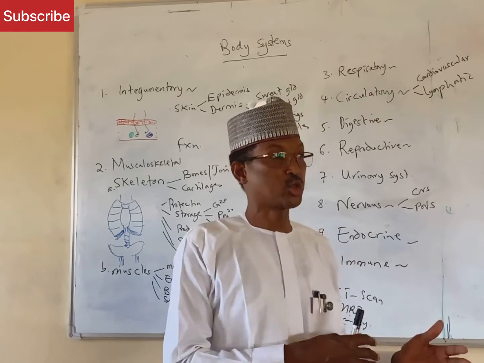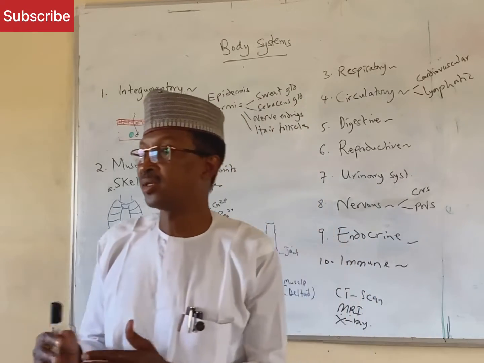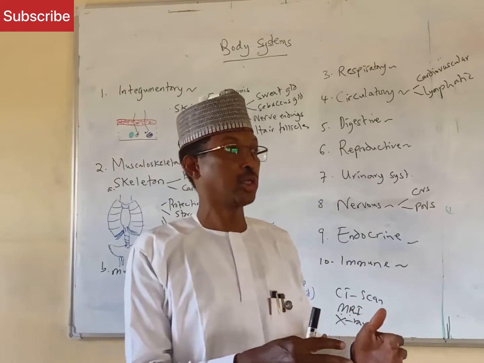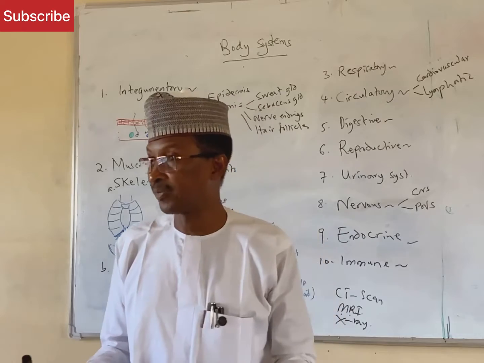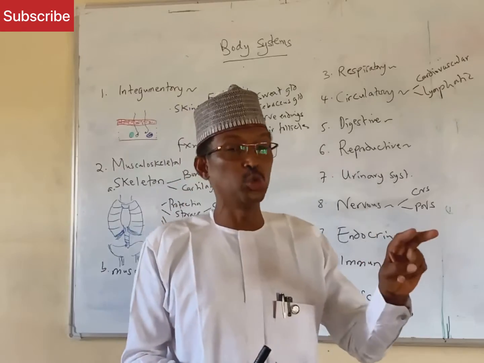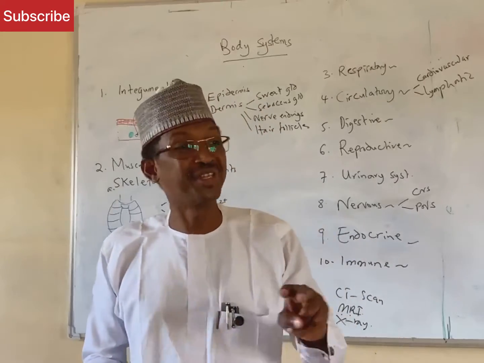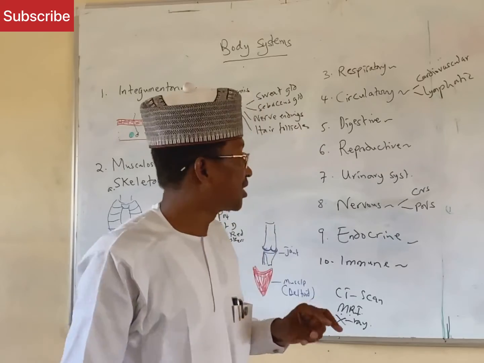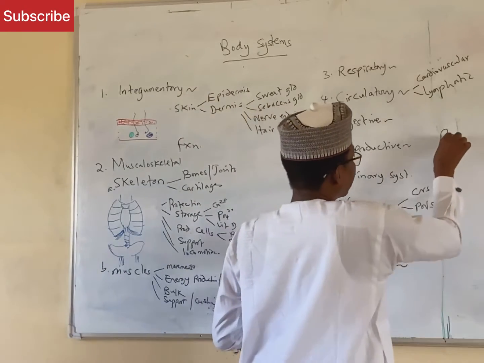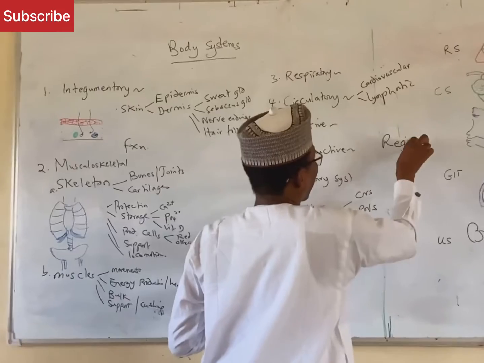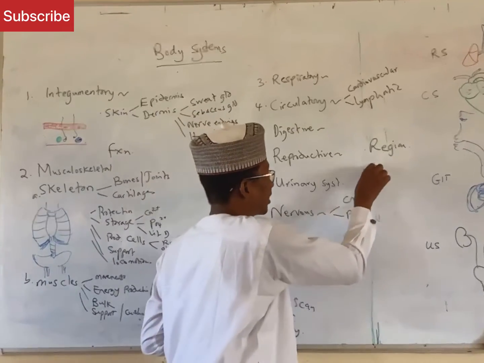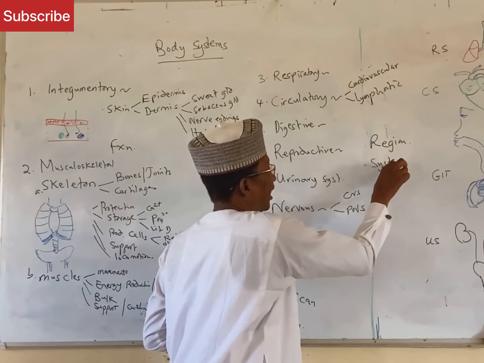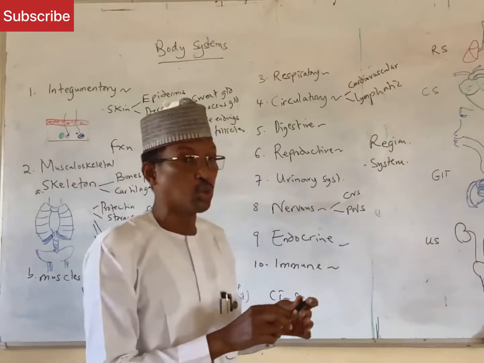Like in medicine, there are so many tactics that one can use to understand anatomy or physiology or biochemistry. But in anatomy, there are two major methods of teaching. You either learn anatomy by region, what we call regional anatomy, or you learn it by system, that is what we call systemic anatomy. So you can learn anatomy in either of these two ways.